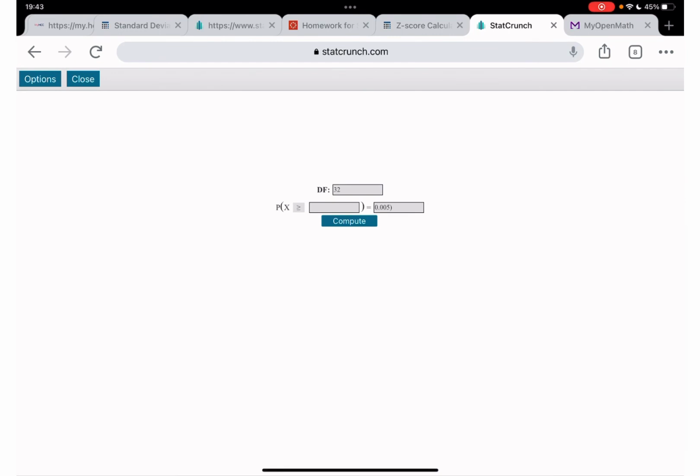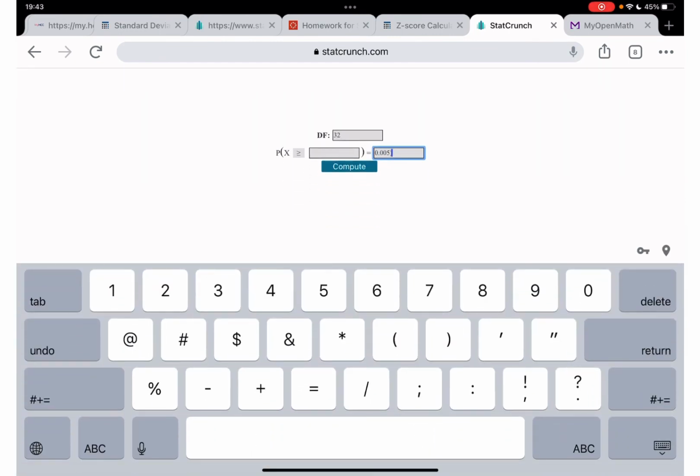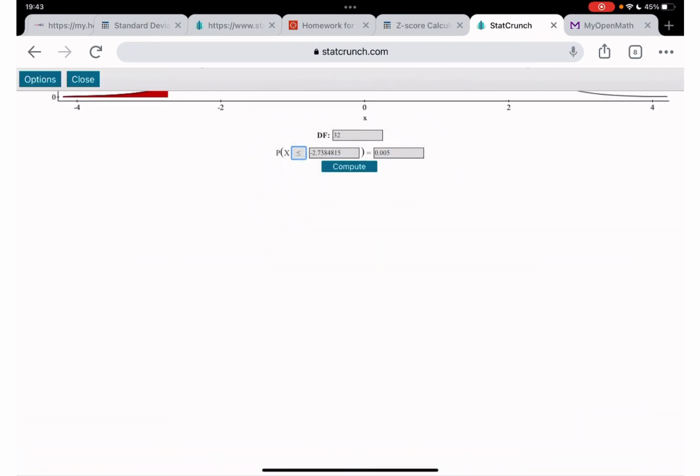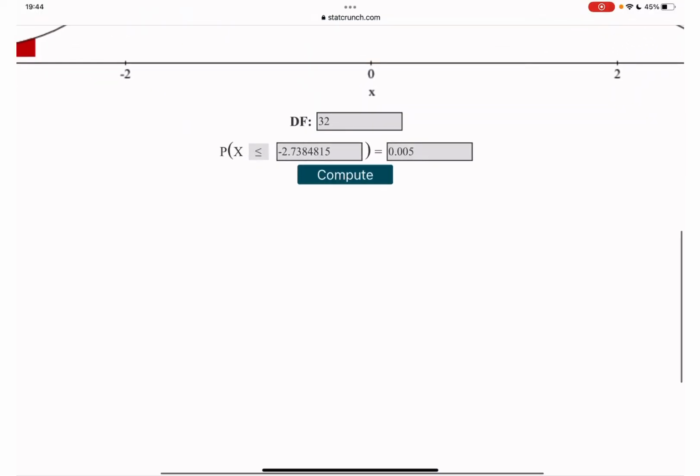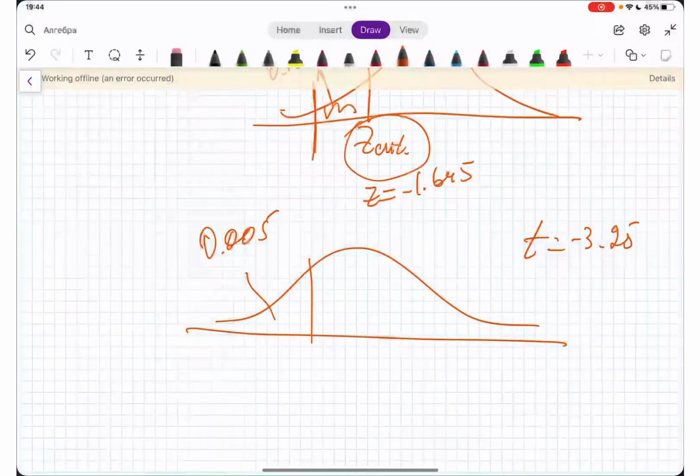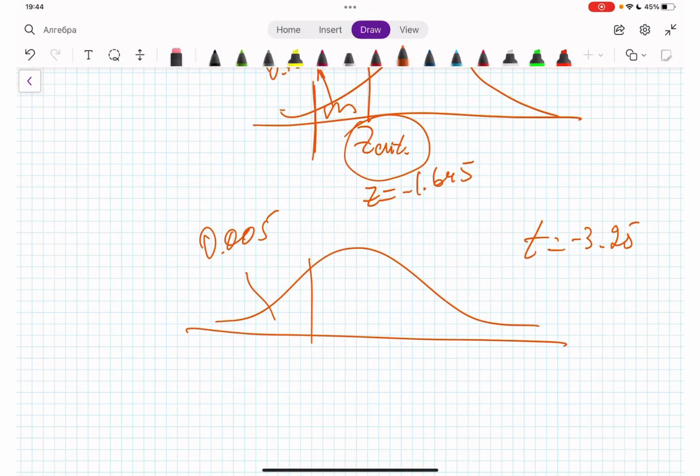So it's 32 degrees of freedom, 0.005, and we need less than for left tail. Click compute. And we get negative 2.738. Okay, negative 2.74.